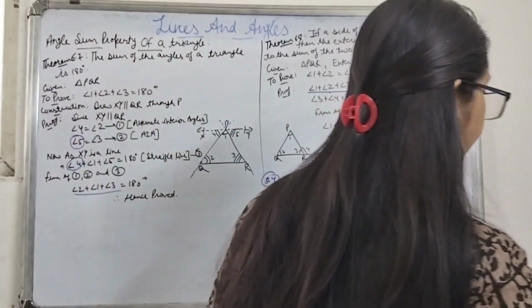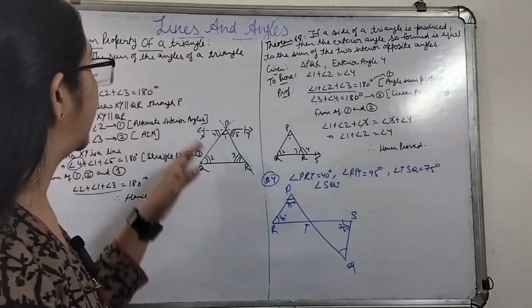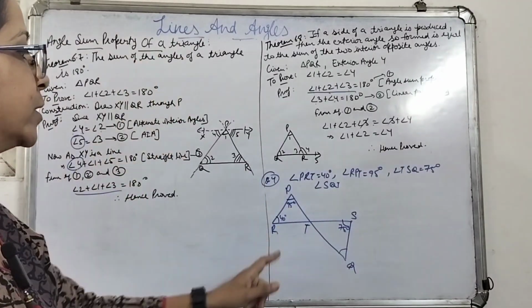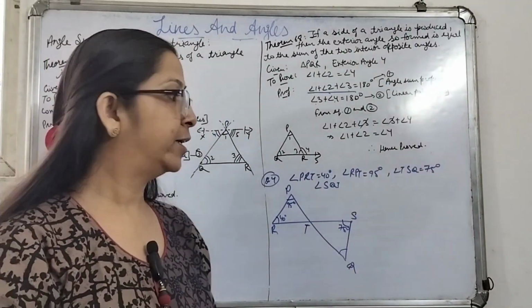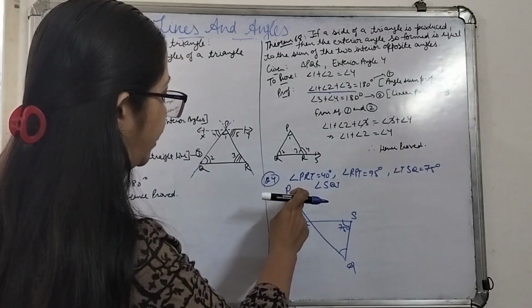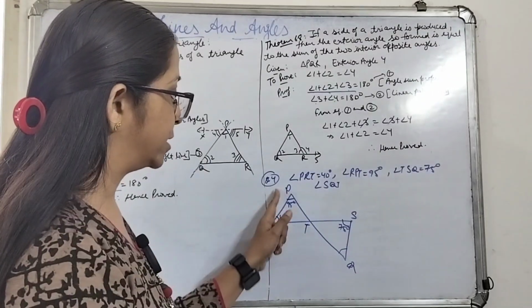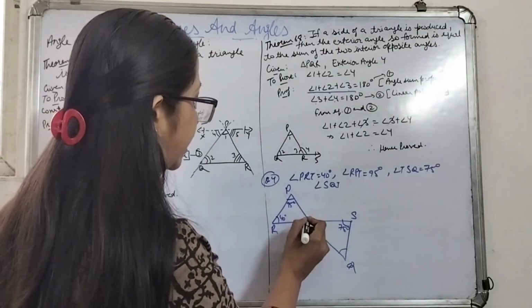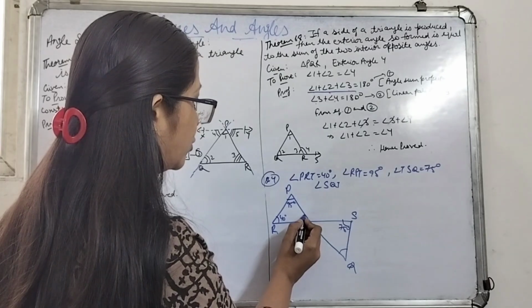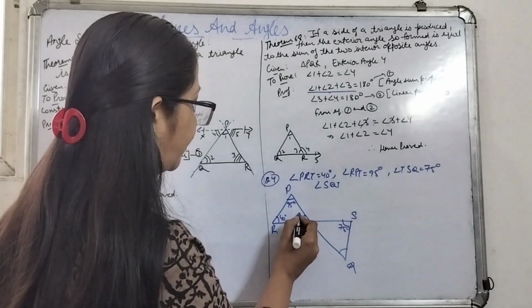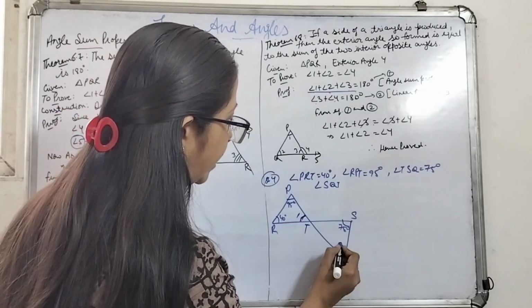So let's solve it. Just now we have seen the angle sum property, that the sum of all the angles of a triangle is 180 degrees. Considering triangle PRT, the sum of its three angles is 180 degrees. Suppose this is angle 1 and this is angle 2, which we have to find.